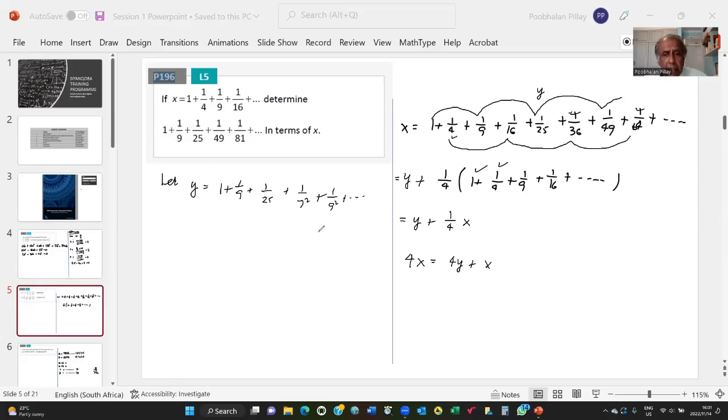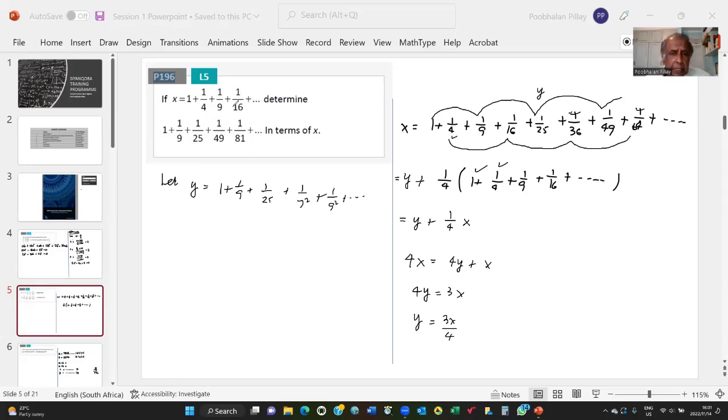That's y in terms of x. So you make y the subject. Right? And then you can work out y in terms of x. 4y equals 3x. So y is equal to 3x over 4, and that gives you the answer to this problem.